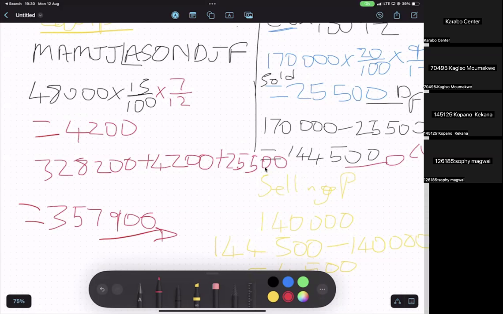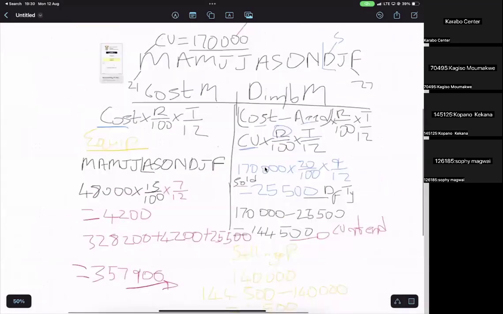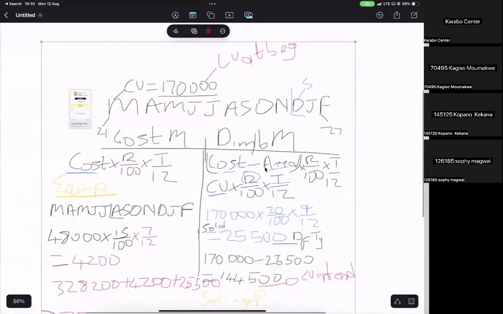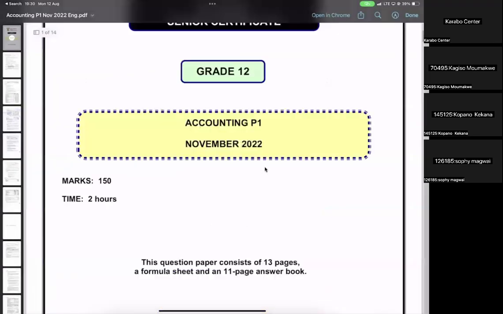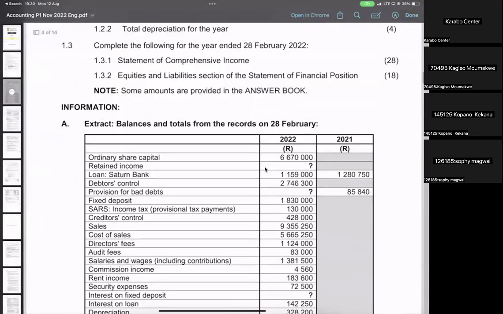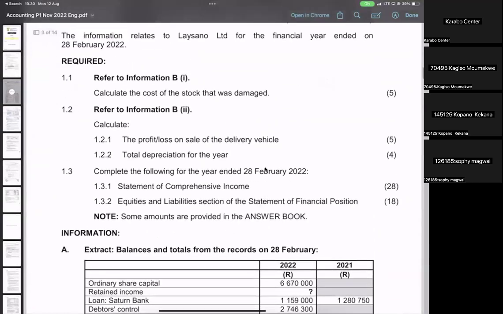Okay, guys, before we go to the main question, which is to complete the following for the year ended 28 February 2022, is there anything you want to ask? Is there anything you don't understand? You can unmute your mics, guys.